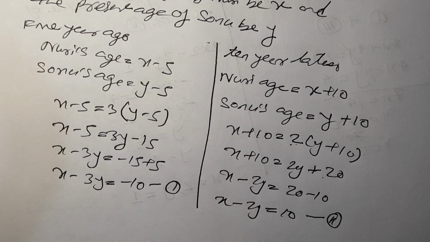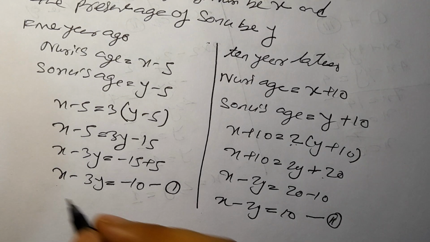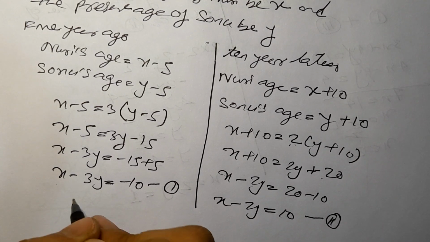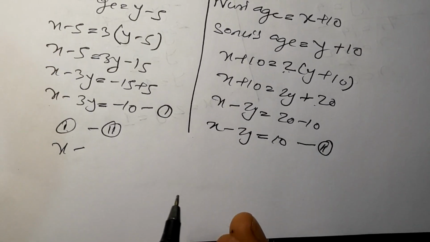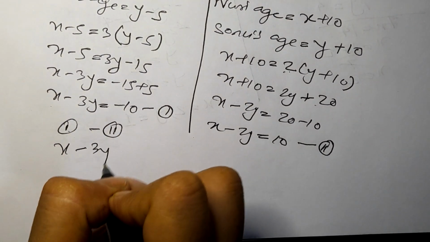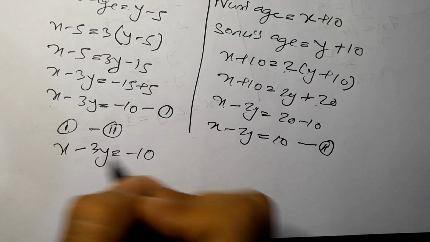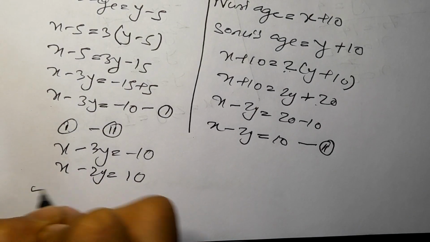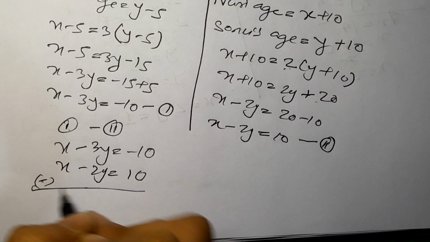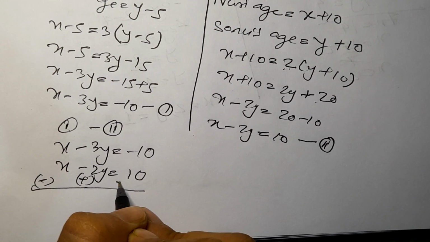Now we have to go for subtraction, because here is x, here also x. So equation 1 minus 2. Equation 1 is x minus 3y equal to minus 10. Another is x minus 2y is equal to 10. Now you change the sign. It will become minus, plus, minus.